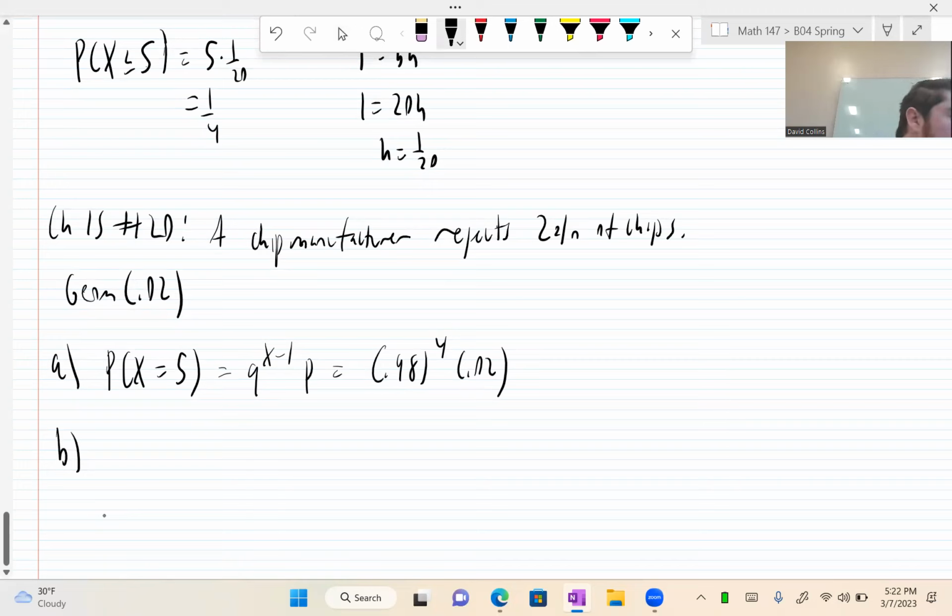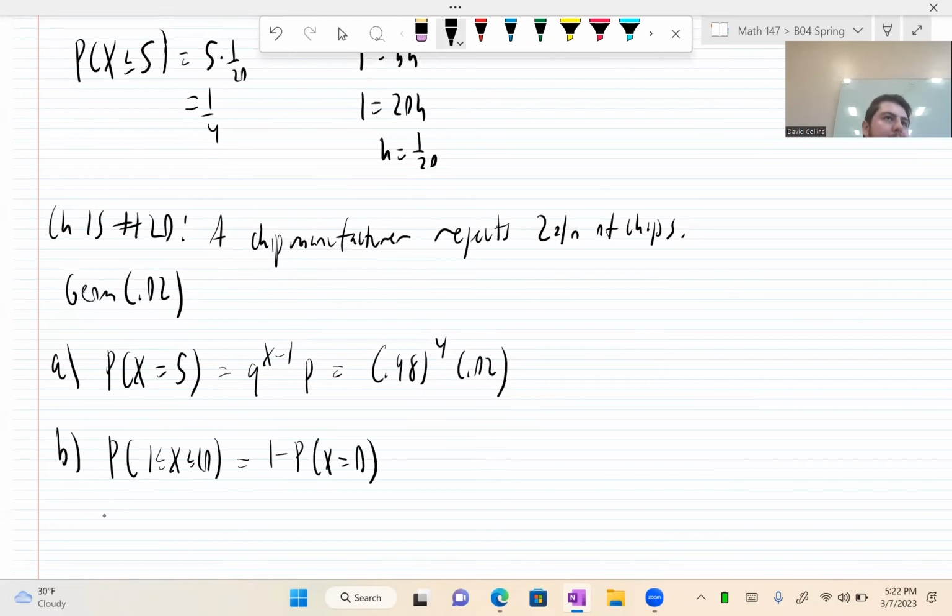So B, what is the probability you find a bad one within the first 10? So this is the probability that x is between 1 and 10. This uses that complement rule that we talked about last time, which is 1 minus the probability that there's none, that all 10 are good.